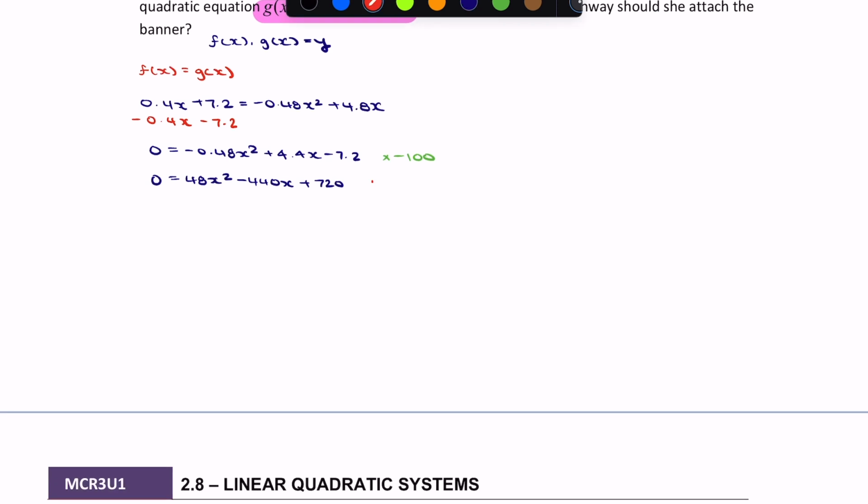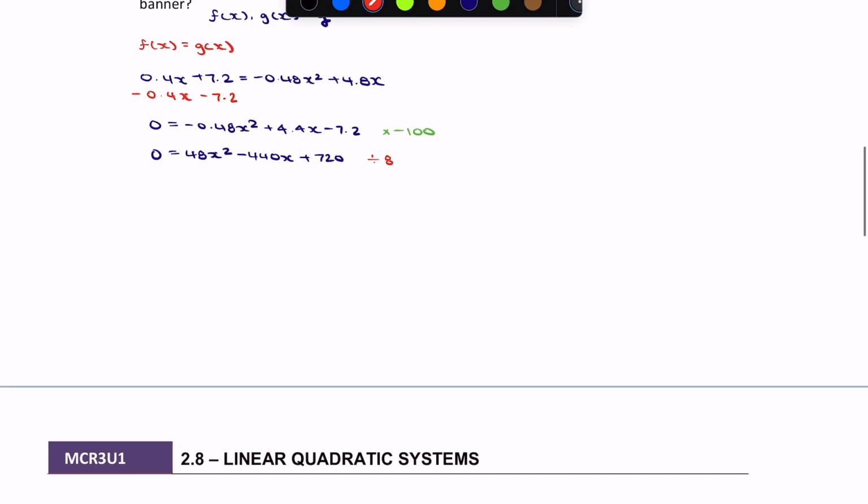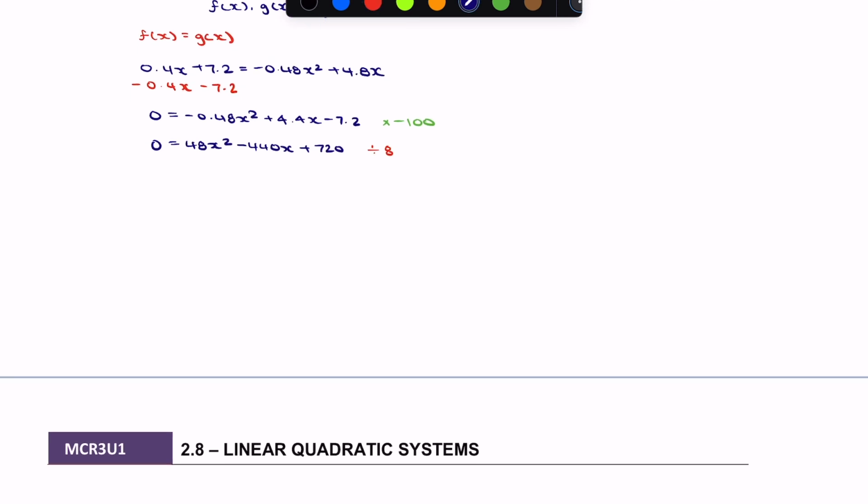Now we're going to divide this by 8, which gives us 0 is equal to 6x squared minus 55x plus 90.